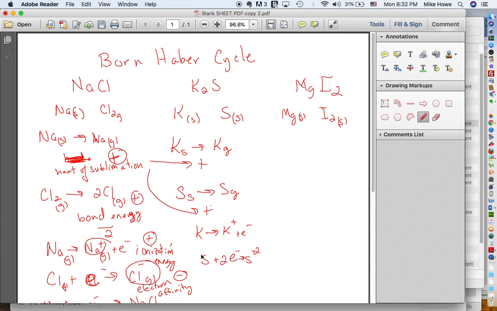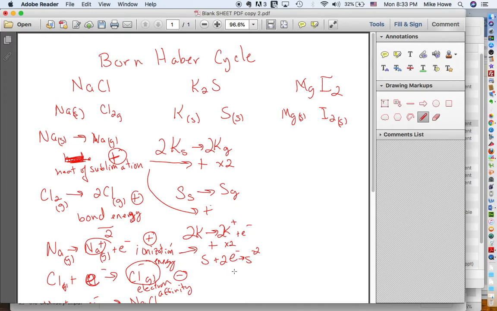All right, and incidentally, did you notice that there are 2 Ks up here? So we would have to double the Ks everywhere we see a K. And that means that we would take this energy, the heat of sublimation, times 2. And we would take this energy, which is the ionization energy, which is energy in, also times 2.